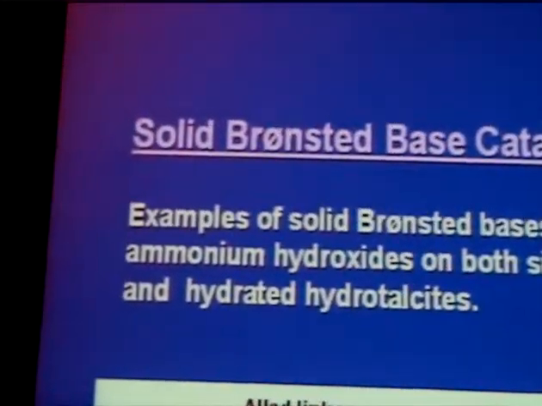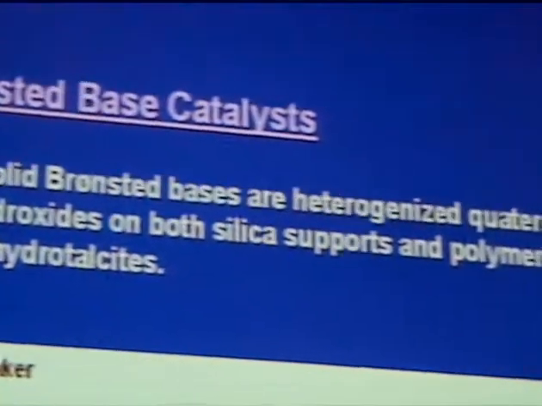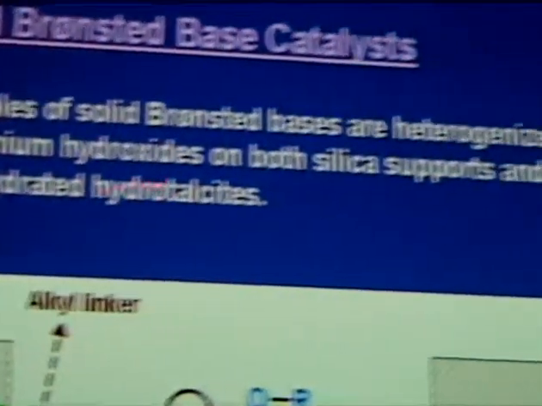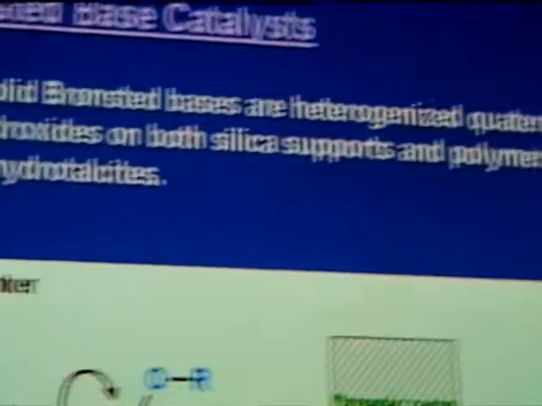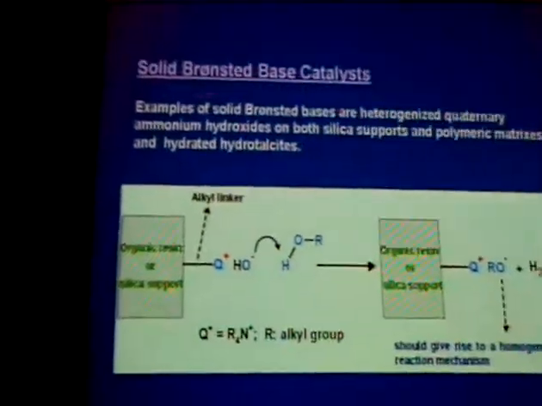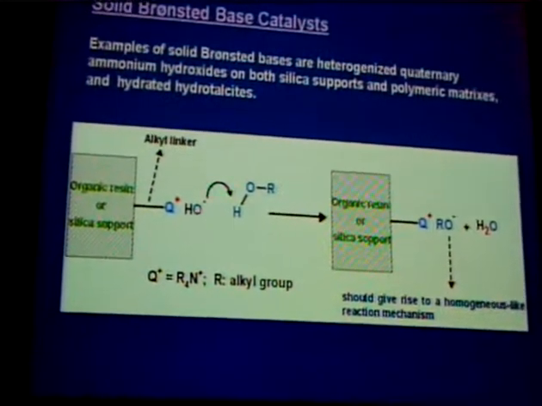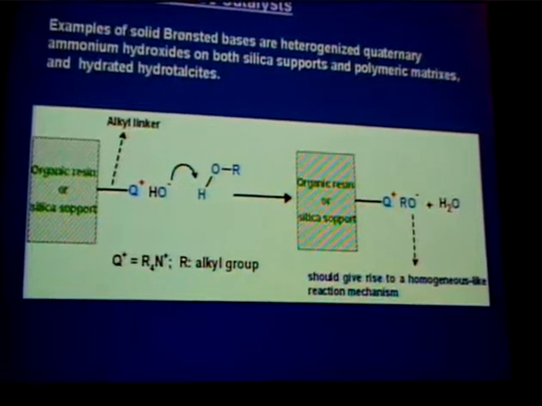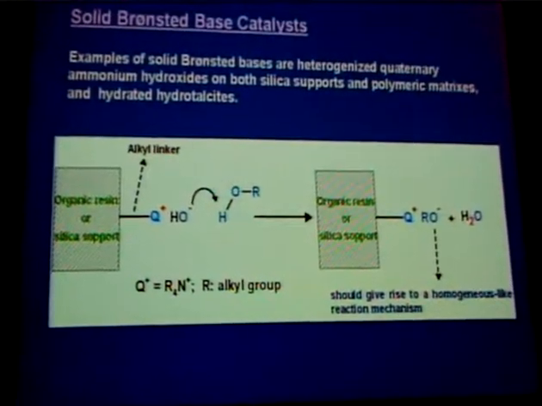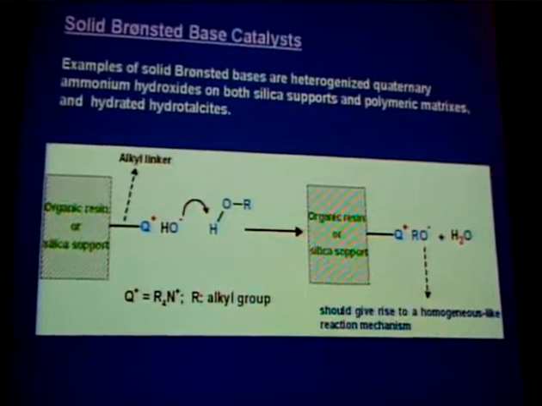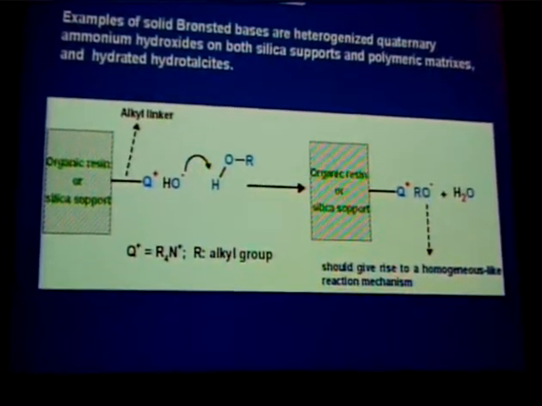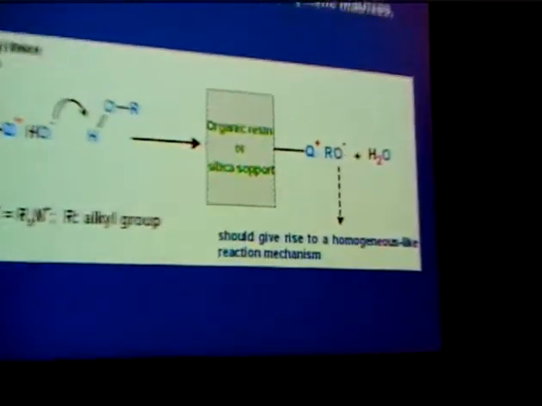And one of these catalysts, for instance, the sample that I have for you today, are catalysts with heterogenized quaternary ammonium ions. And then in this catalyst, the hydroxide function, that's why it's called Bronsted, by the way, takes the proton, and then you form this species. And the idea is that this species will be able to carry out the reaction the same way a homogeneous catalyst does.